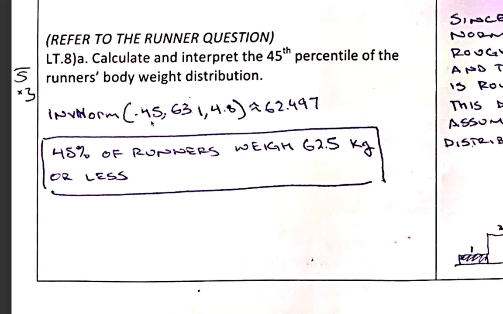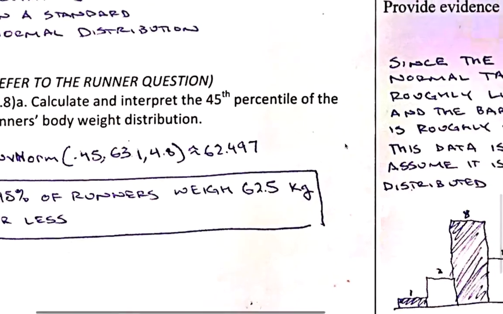And then again, remember, refer to the runner question. So the mean and the standard deviation are going here. We get 62.497. What does that mean? Well, it means that 45% of the runners weigh 62.5 kilograms or less. Remember, it's percentile, so it's less.